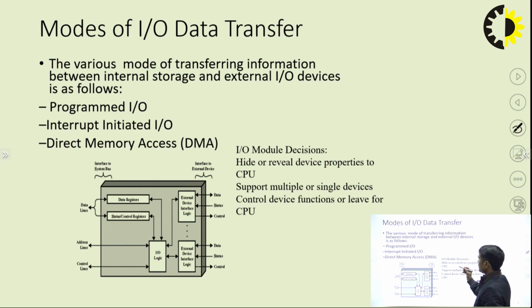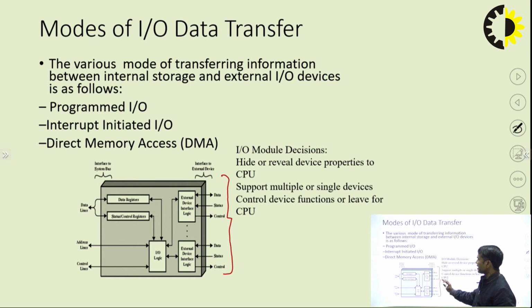We know that the interface which is connected to the external environment of the computing system or CPU is called the I/O interface. So this is the brief organization of the I/O interface.